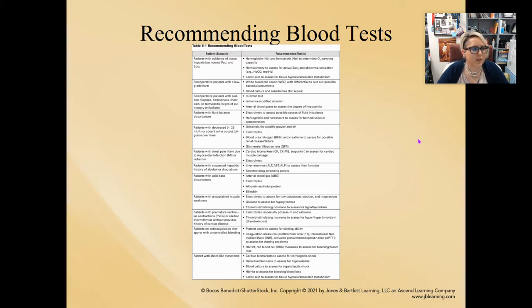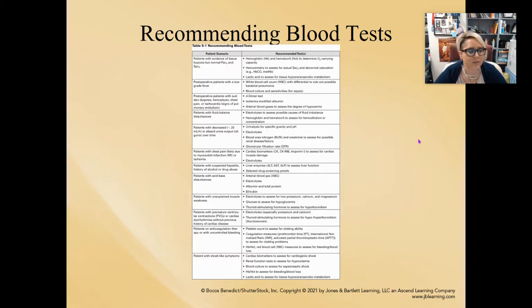Recommended blood tests for patient scenarios: patients with evidence of tissue hypoxia but normal PO2 and SPO2. That would be people that need a hemoglobin and hematocrit to determine O2 carrying capacity, and hemoximetry to assess for actual SaO2 and abnormal saturation. Then you have a post-op patient with low-grade fever. You would want to look at their white blood cell count with differential to rule out possible bacterial pneumonia.